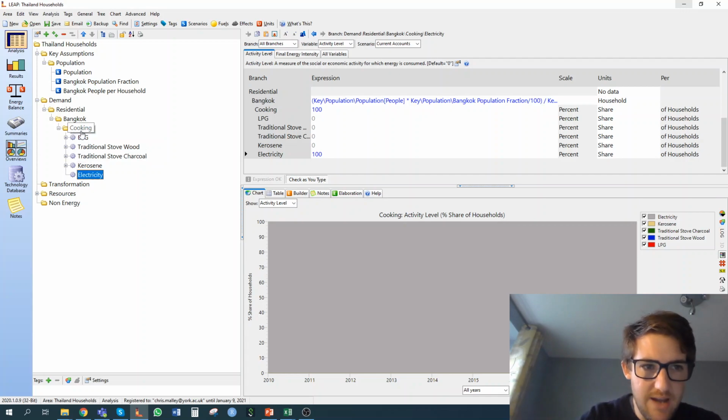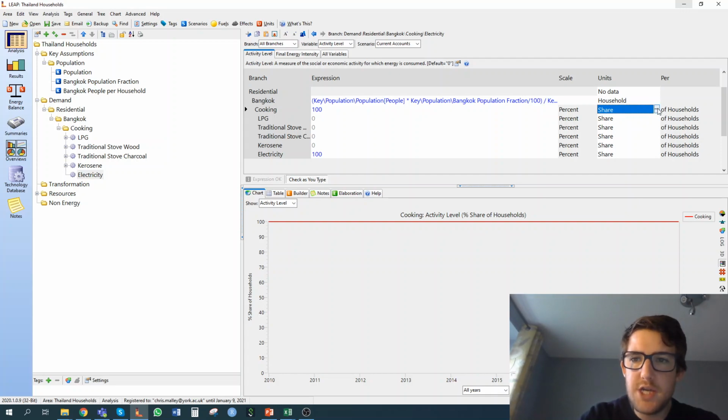Okay, so now that we've done that, we have three variables that we need to enter for cooking. If we look at this branch structure, we have the number of households in Bangkok, and then it's asking us the percent share of households that do cooking.